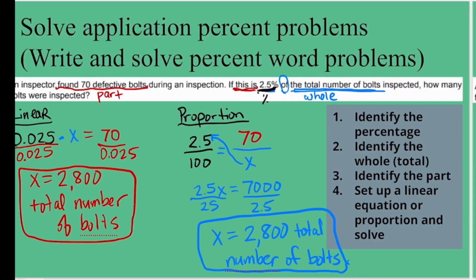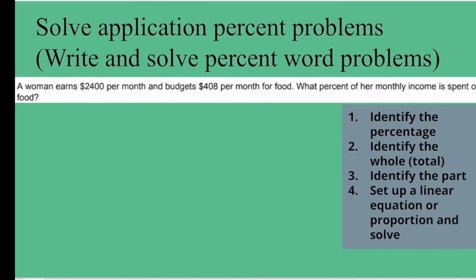So let's practice another one. A woman earns $2,400 per month. She budgets $408 per month for food. What percent of her monthly income is spent on food?